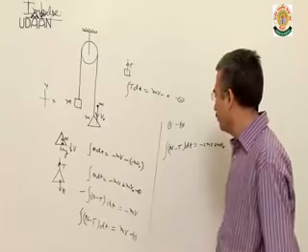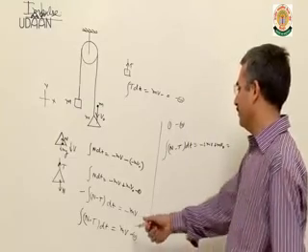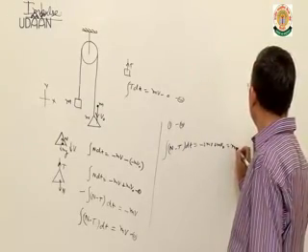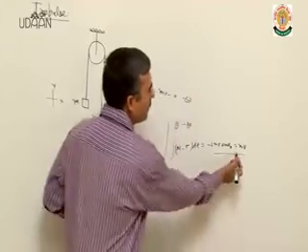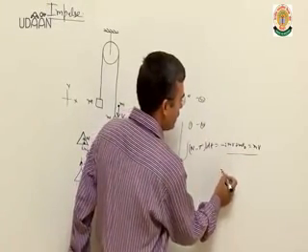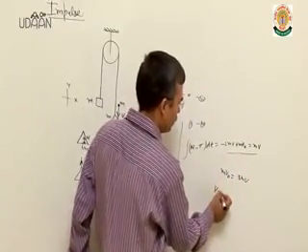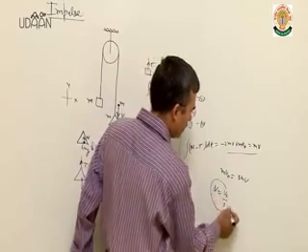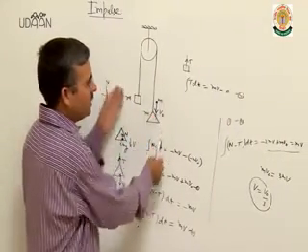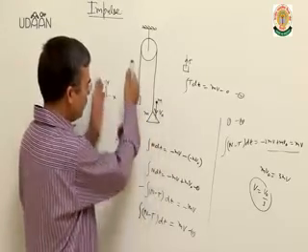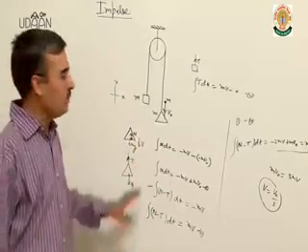Now from equation 2, this will be equal to m into v. So simplifying it, you will get m into v naught equal to 3m into v. So v equals v naught by 3. Clear. So this whole system will move with speed v naught by 3. It will come down, it will go up. The perfect question for the impulse momentum theorem. Understood, children? Good.